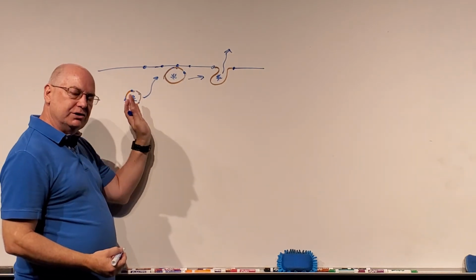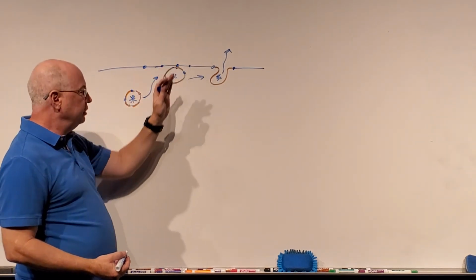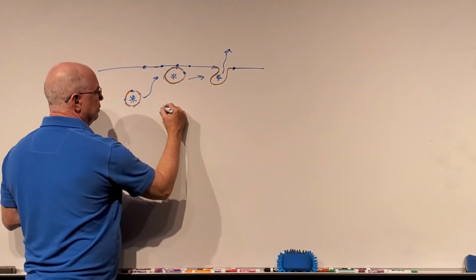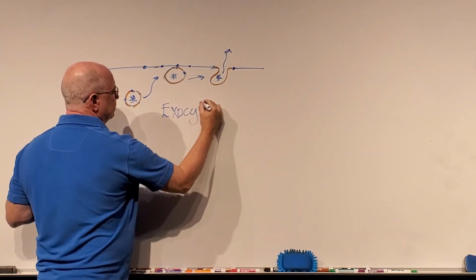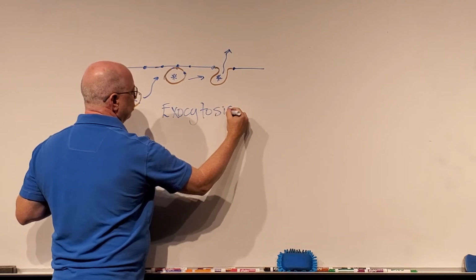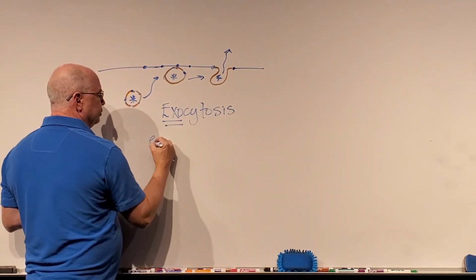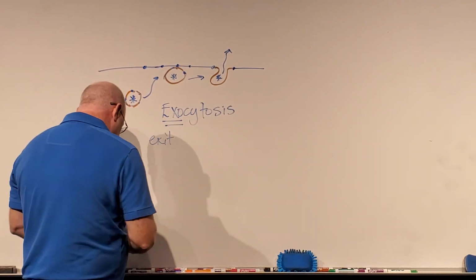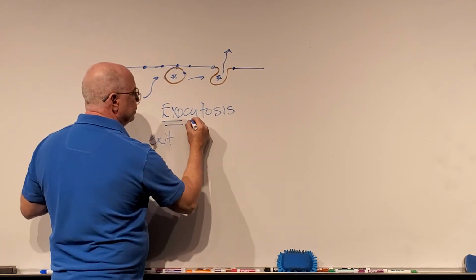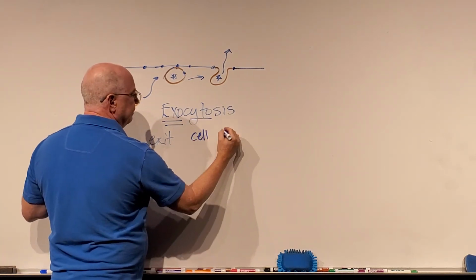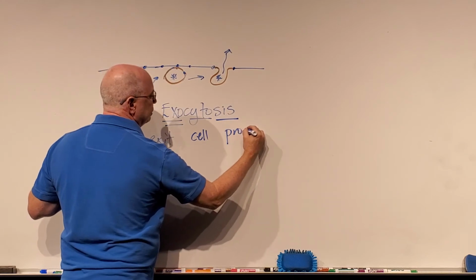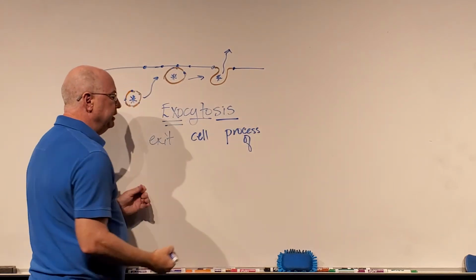Anytime that we release a substance from the cell into the extracellular fluid using a vesicle, we call that process exocytosis. Exo means to exit or leave. Cyto means cell. And the osis usually means process of. So the name really tells you what it's doing.